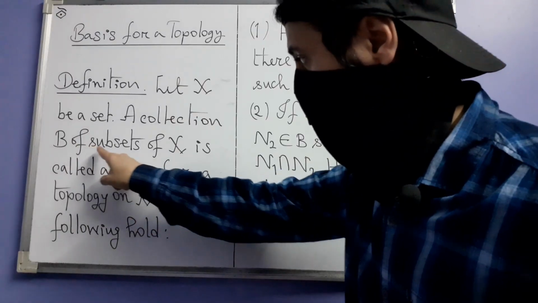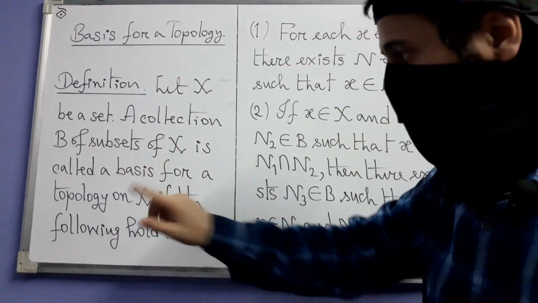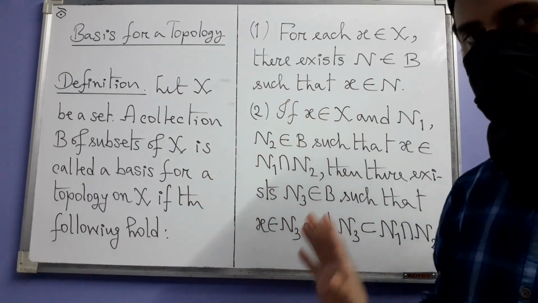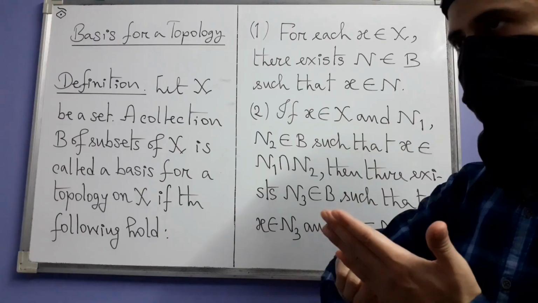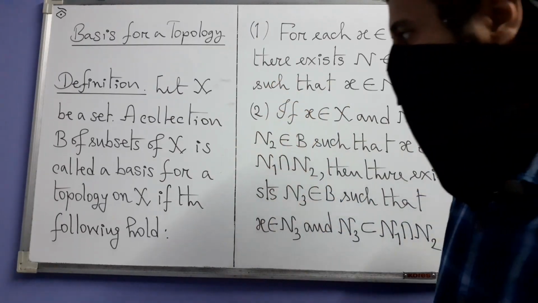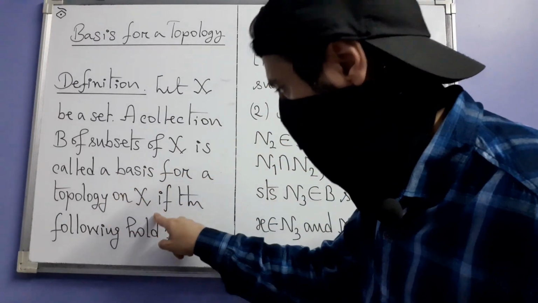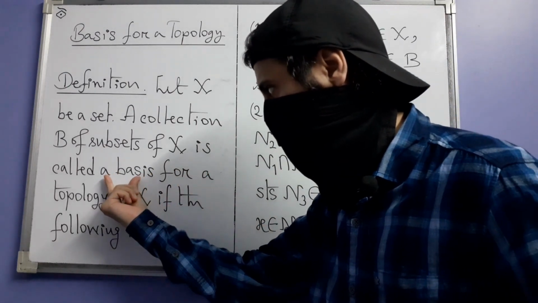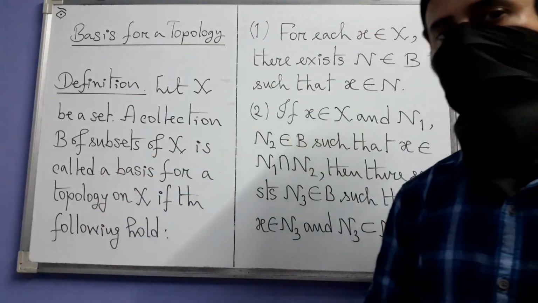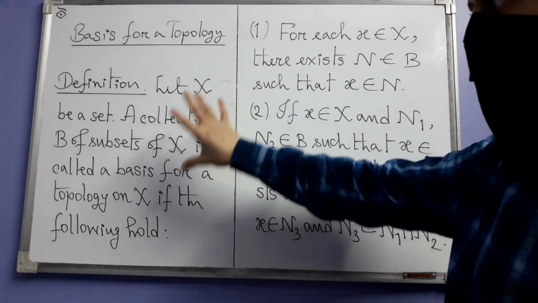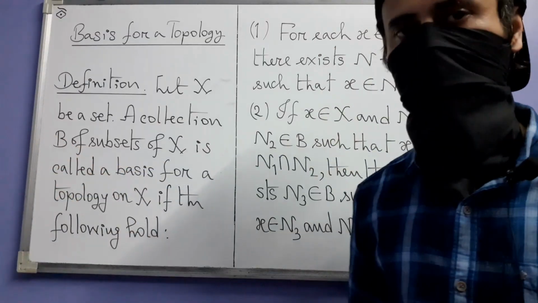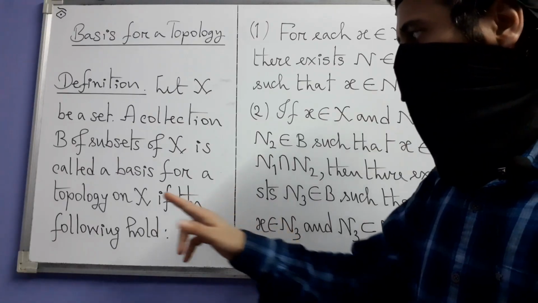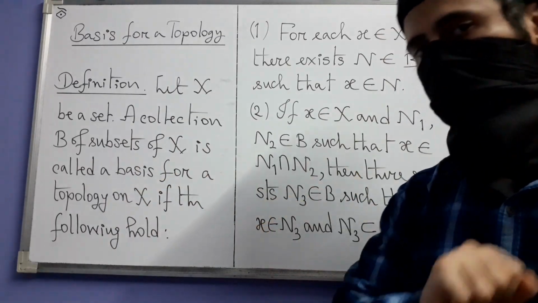And it will be called a basis for a topology, a basis for some topology on X, if something happens, though we still don't really know how this basis is going to give us a topology; that will come afterwards. But let us also concentrate on this indefinite article, a basis. Whatever topology this B ultimately will give us, for that topology, this is not going to be the only basis.